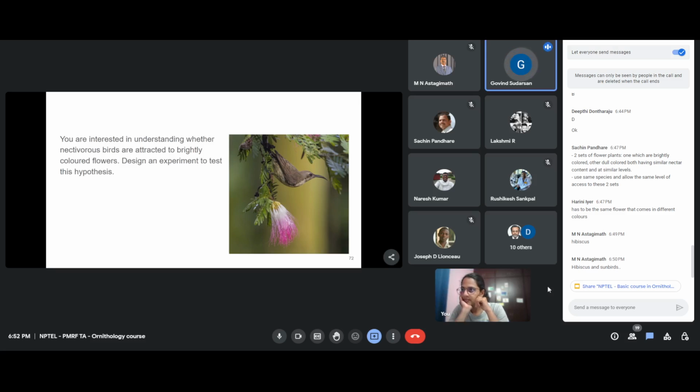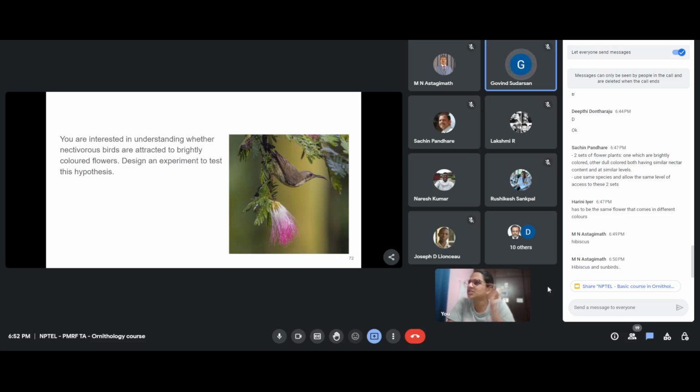Yeah, Govind. I also think it's important to compare the natural flower itself and an artificial replica to ascertain that the birds are not attracted by smell or something. They're simply attracted only by the color of the flower. Sure.